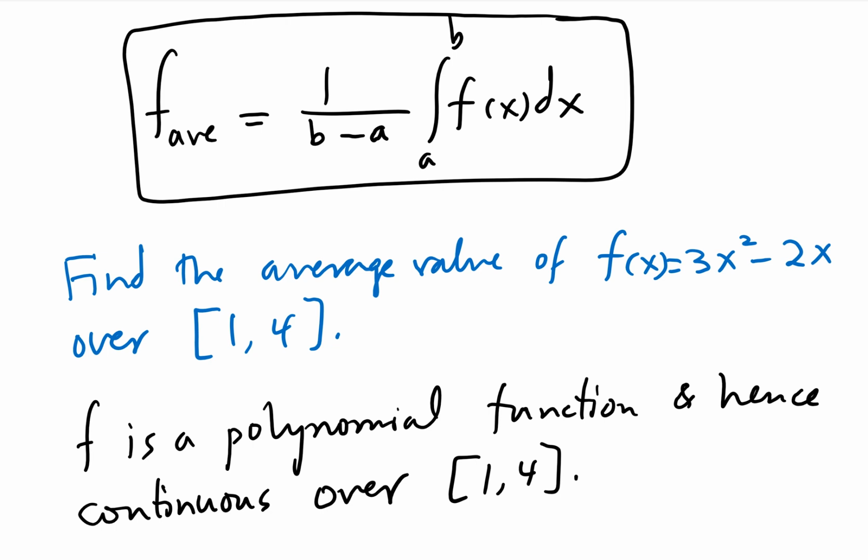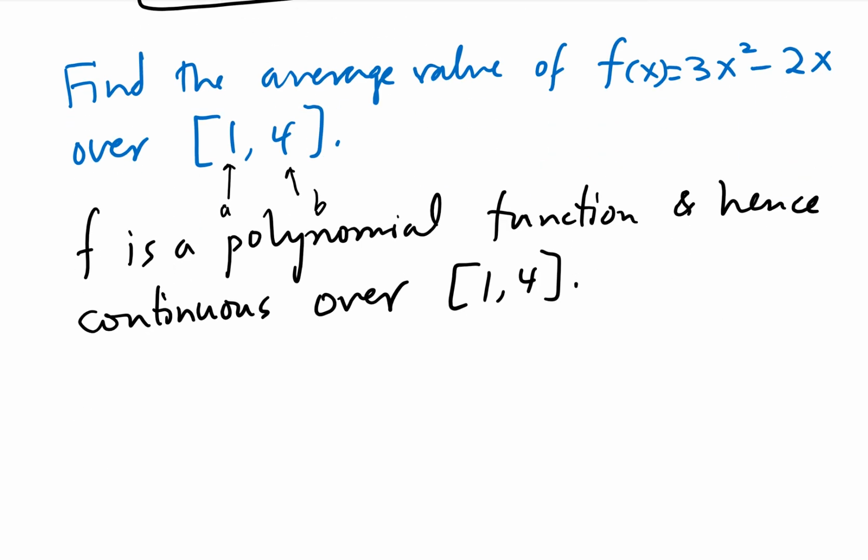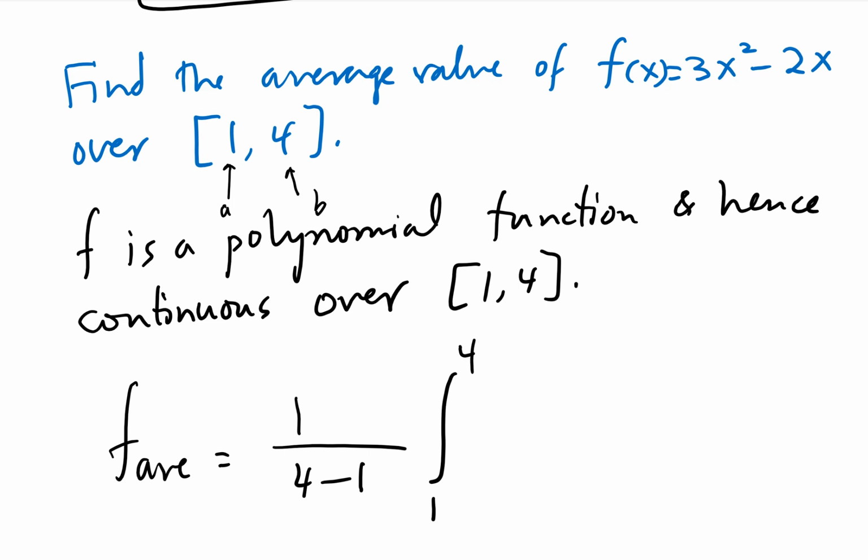The 1 is A, and the 4 is B. So the average value of the function is 1 over b minus a, 4 minus 1, the integral from 1 to 4 of the function itself, dx.